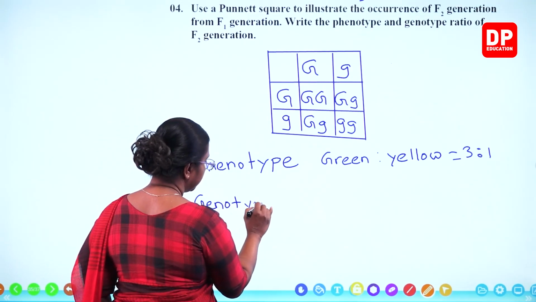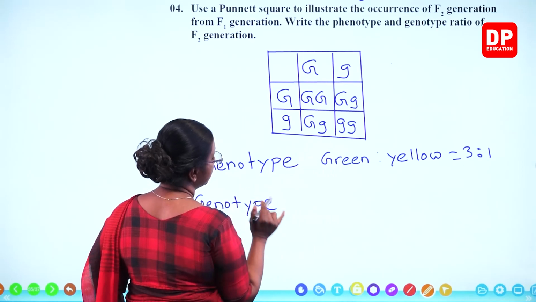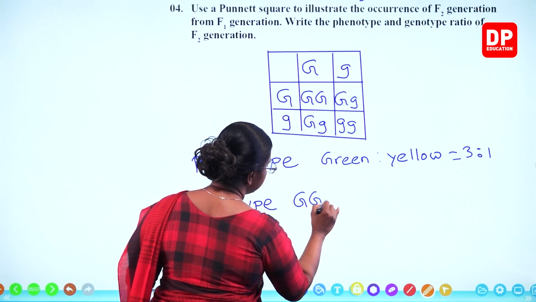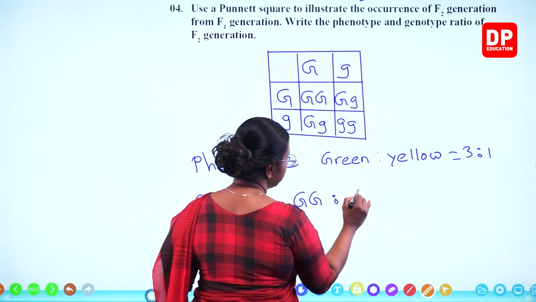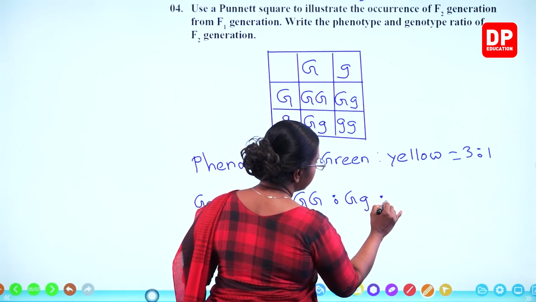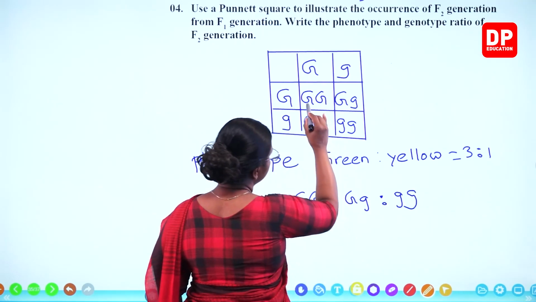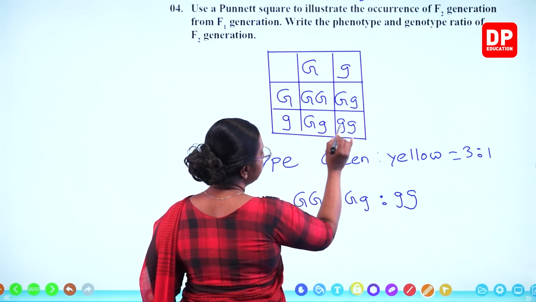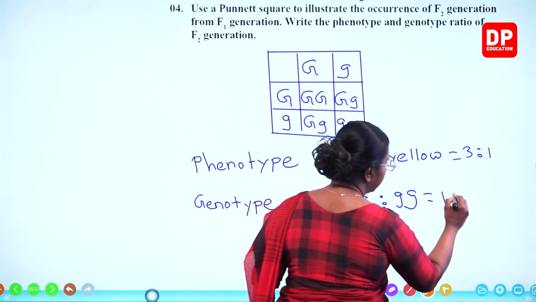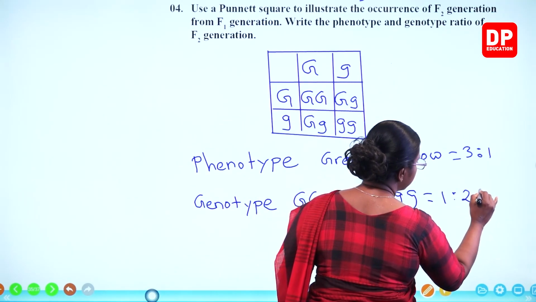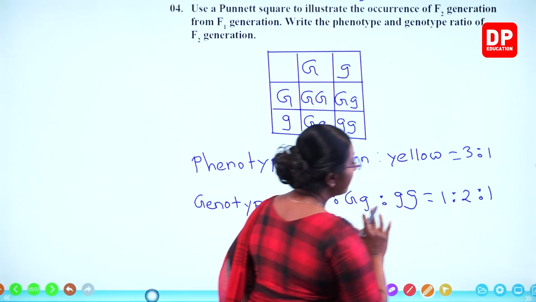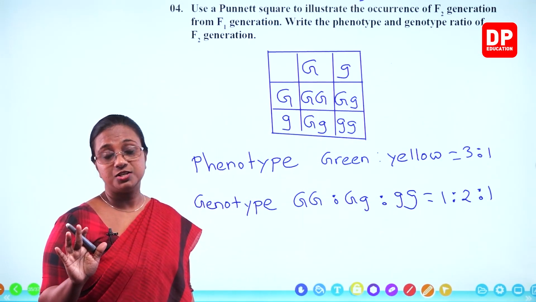Genotype ratio, the combination of genes. Capital G capital G is to capital G small g is to small g small g. You have 1, you have 2 of these, and 1. So that's going to be 1:2:1. So you're familiar with Mendel's ratio.